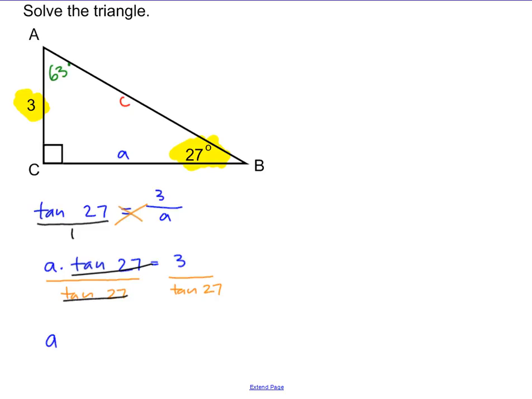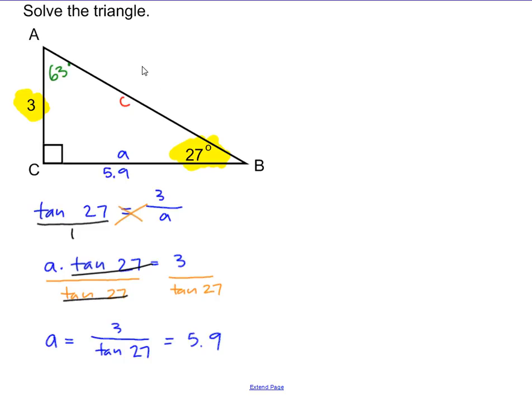So A is going to be what I get when I enter 3 divided by the tangent of 27 in my calculator. So that is going to get me about 5.9 if I round to the nearest tenth. So this side right here is going to be 5.9.